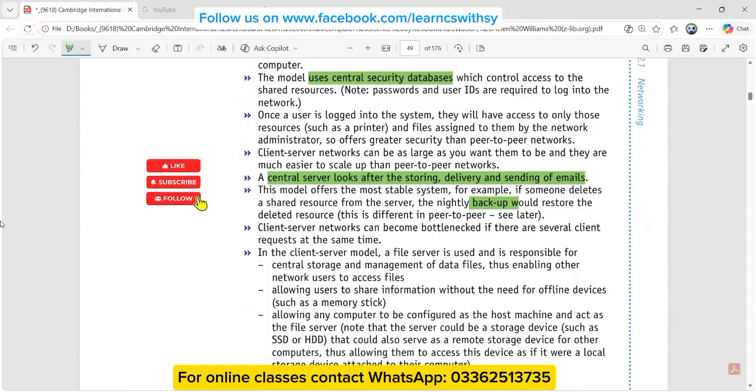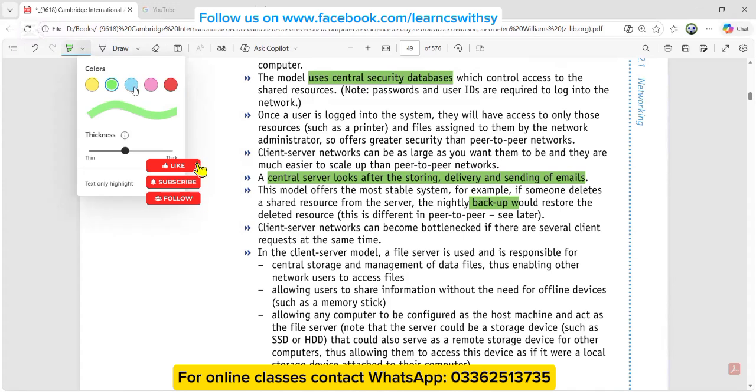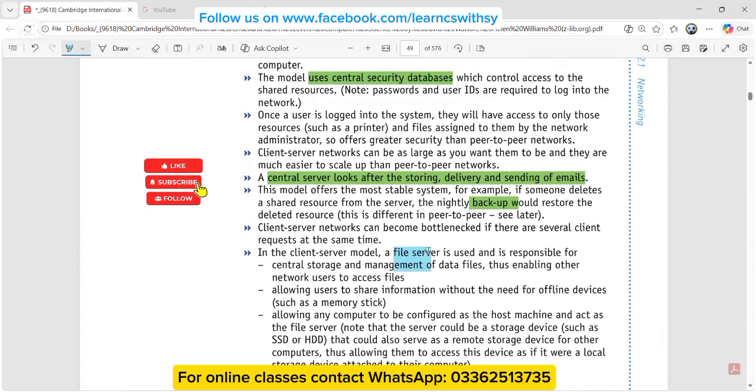Otherwise, they have enough resources to service a large number of computer requests. In the client server model, a file server is used and is responsible for central storage. Now I'm just highlighting the term file server, to make you understand what the job of a file server is. If they talk about the file server, this is what you will write: it is there to perform central management and storage of data files, thus enabling other network users to access the files.